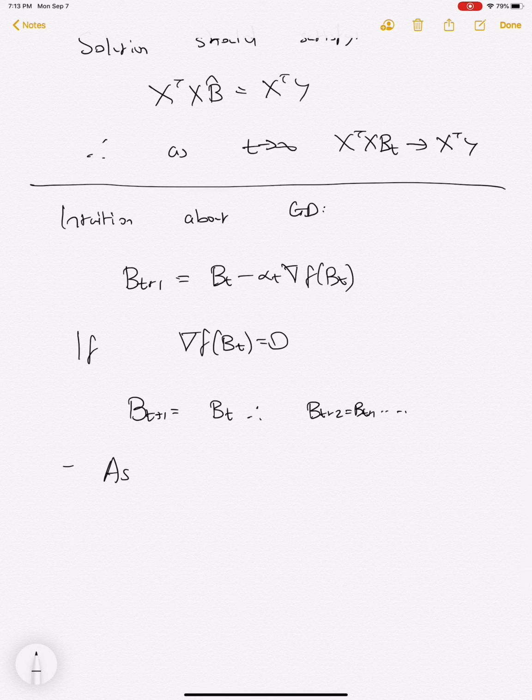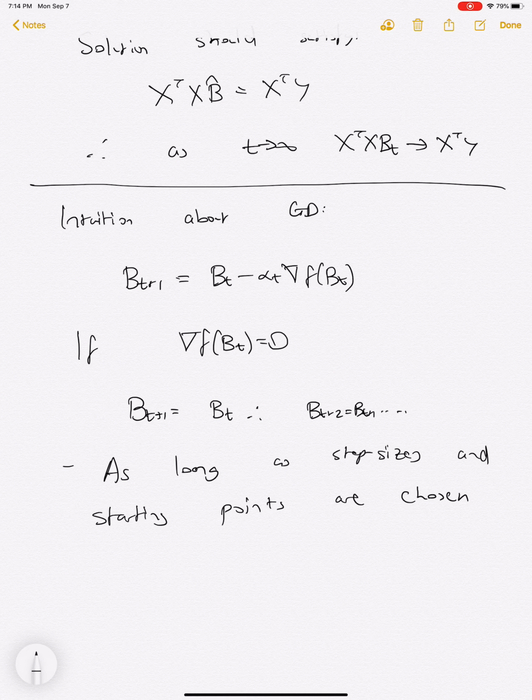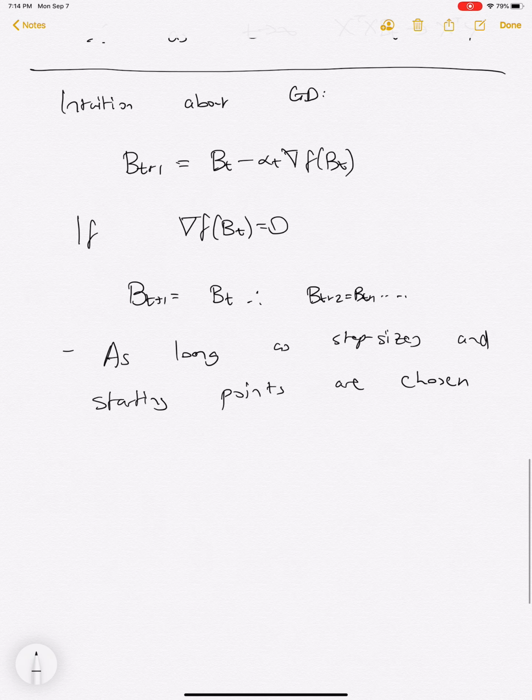So as long as step sizes and starting points are chosen well, we should converge to a zero gradient point.